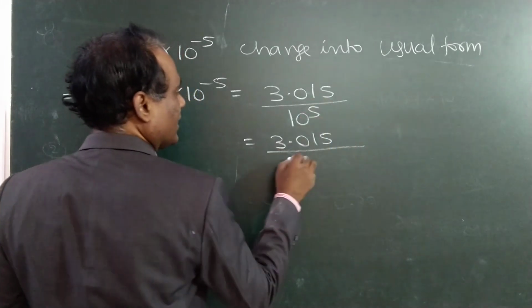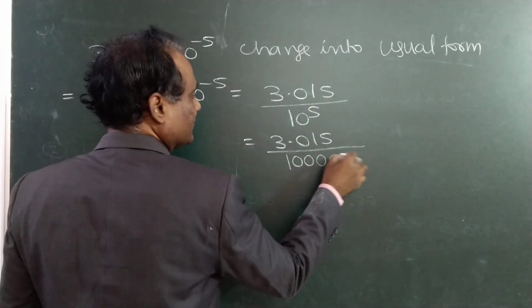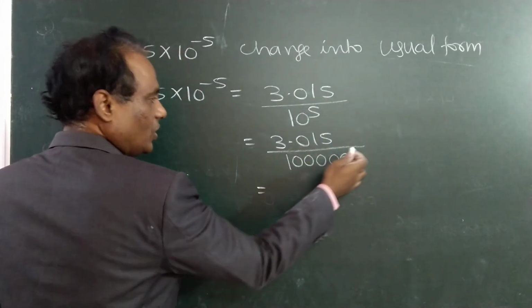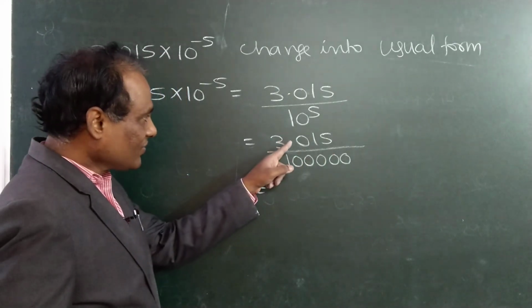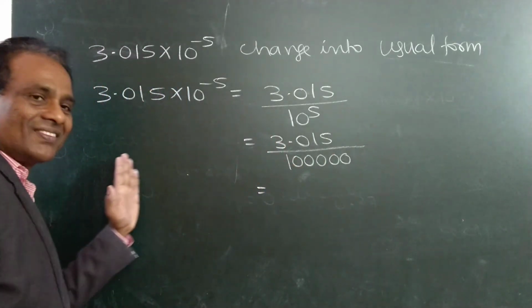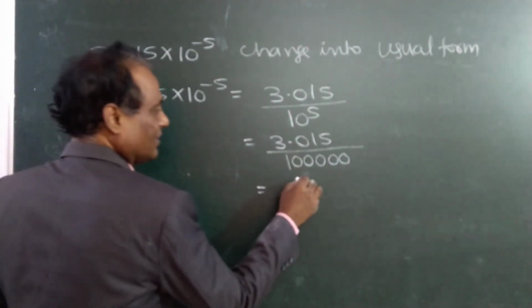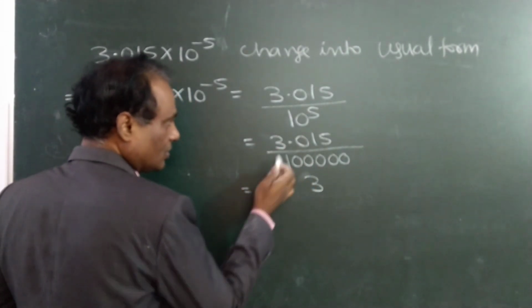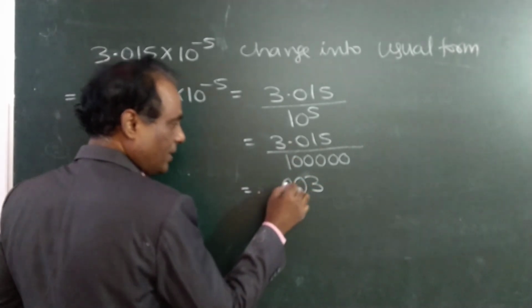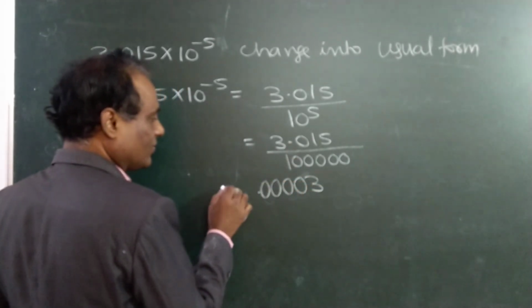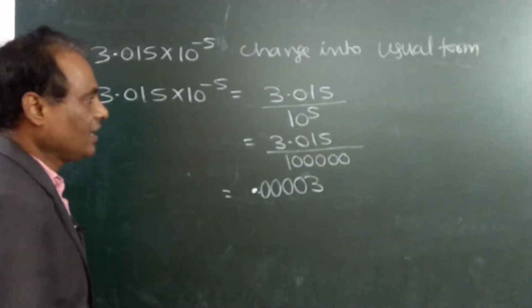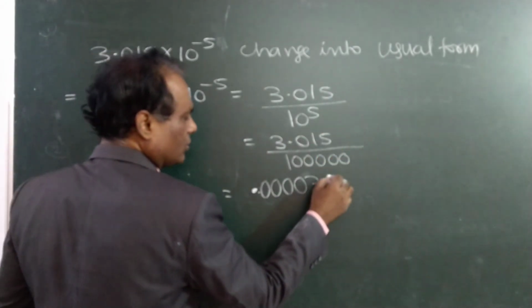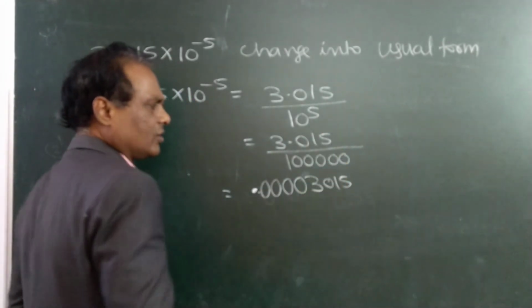Ten to the power of 5 is 5 zeros. To remove 5 zeros, change the decimal to 5 places left side. 1 place, 2 places, 3 places, 4 places, 5 places, decimal. And 015 same. We don't look at it.